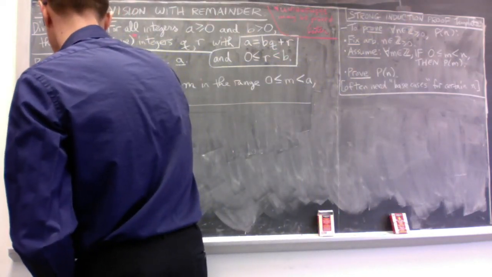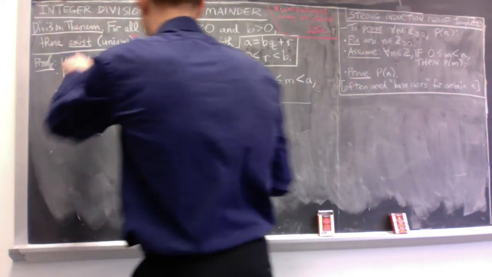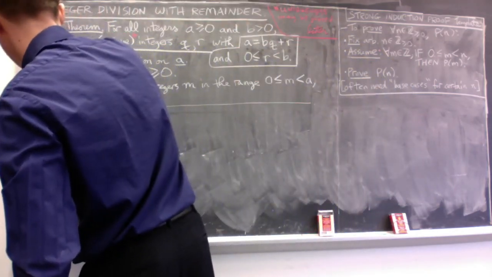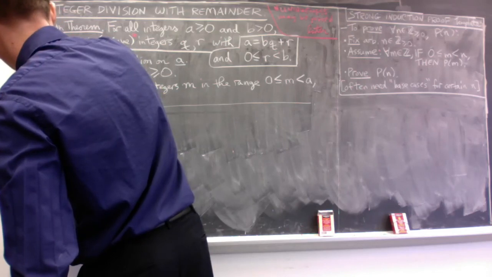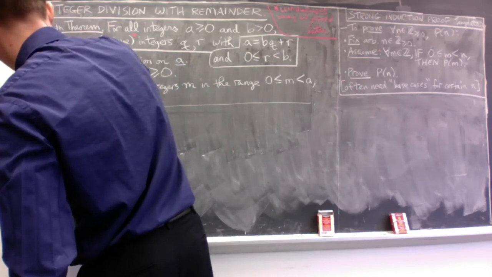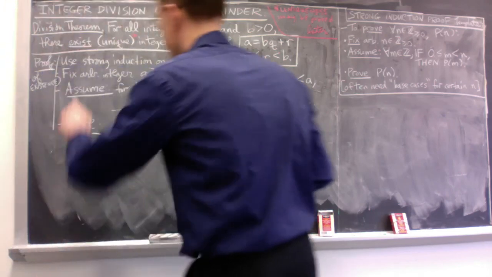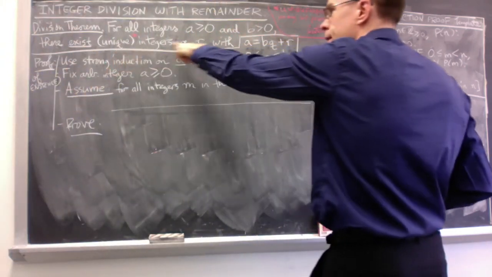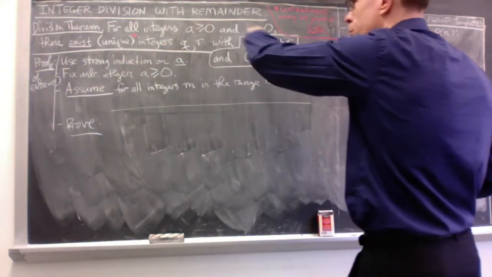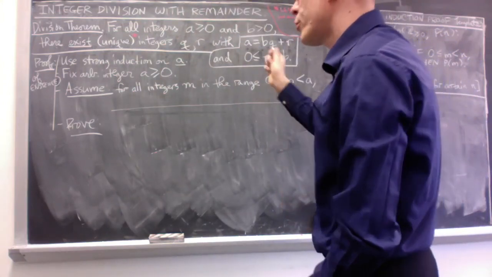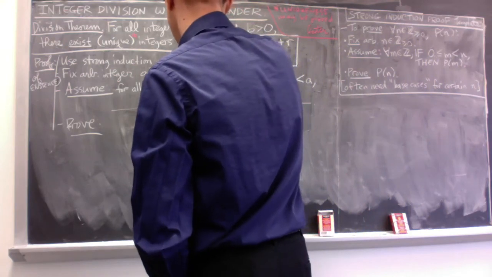What are we proving? We're proving this very statement, just the existence part. This is proof of existence only at this time. We'll do uniqueness separately. Okay, so existence. But let's say more carefully the rest of it. I guess there's no harm. I could have fixed B. Let's fix B up here as well.